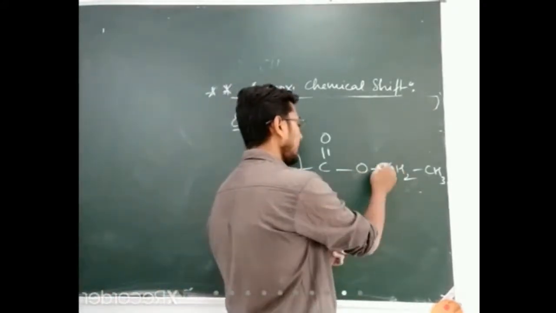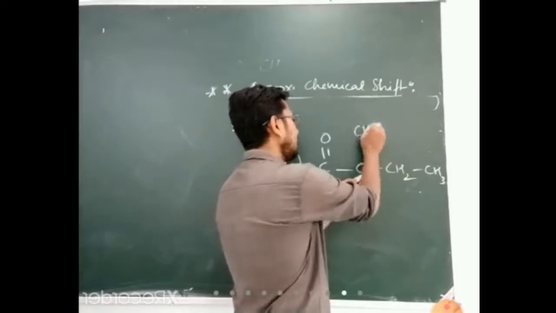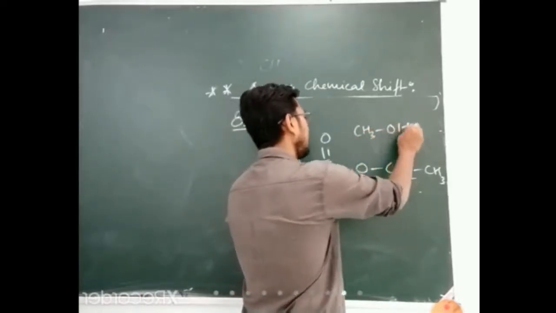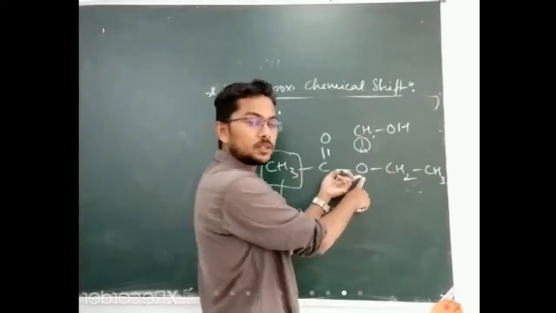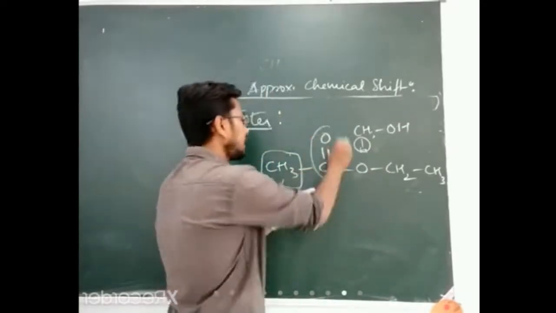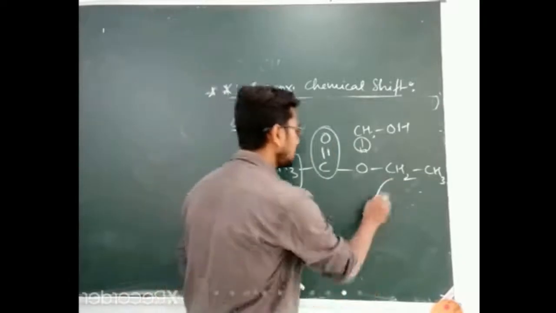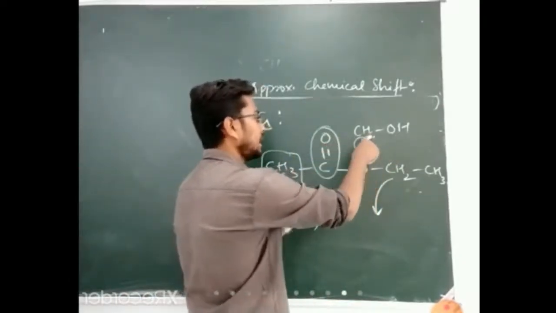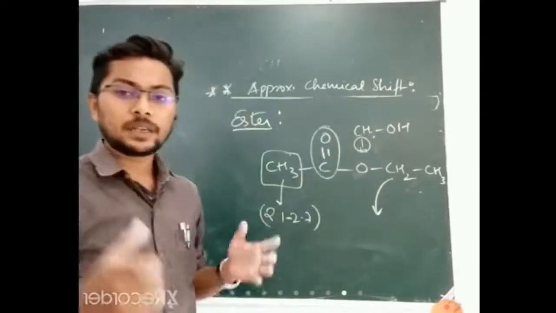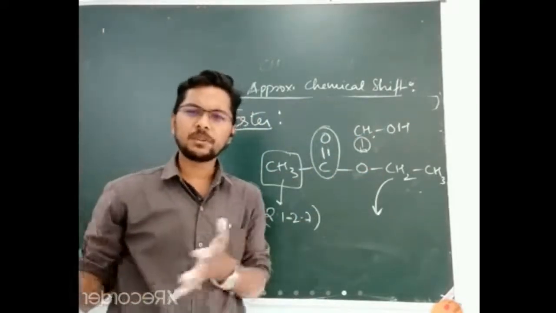Now this is nothing but your OCH3. These hydrogens are the same, carbon directly attached to oxygen, and also you have this extra electronegative factor. If only OH was there, then this hydrogen would have appeared in the 3.5 to 3.9 region.